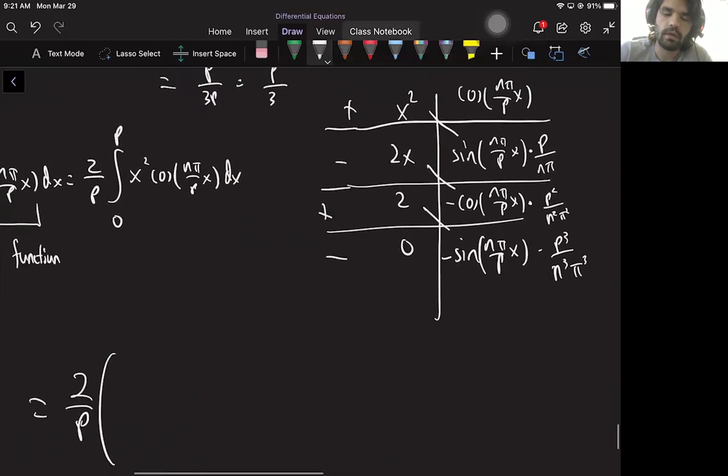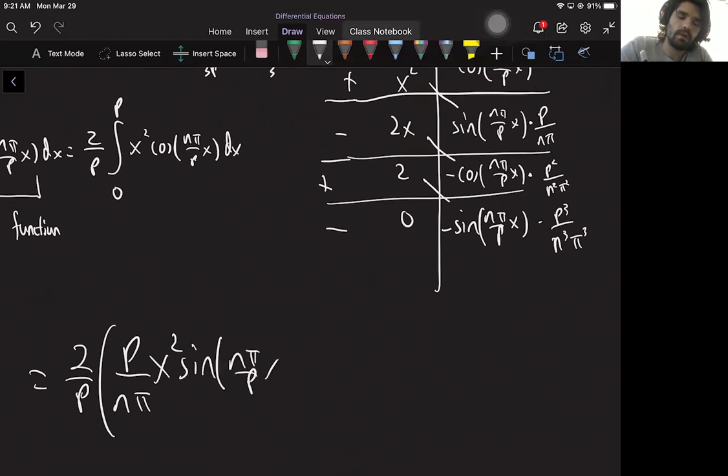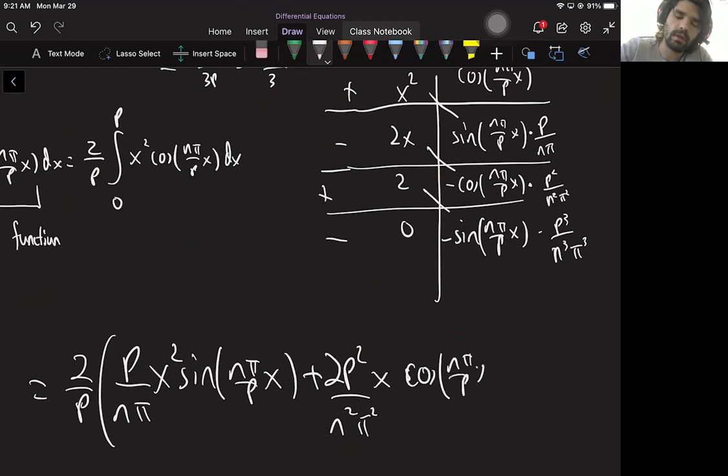All right, so I get x squared times p over n pi sine of n pi over p x. Okay, the next line, the minuses cancel, plus p squared over n squared pi squared. I guess there's a 2 now, 2x cosine of n pi over p x.